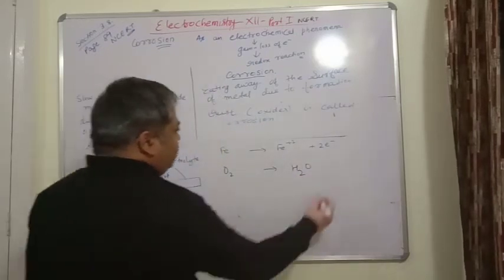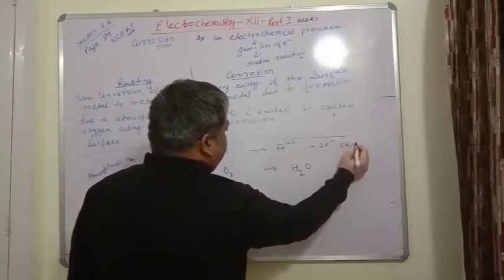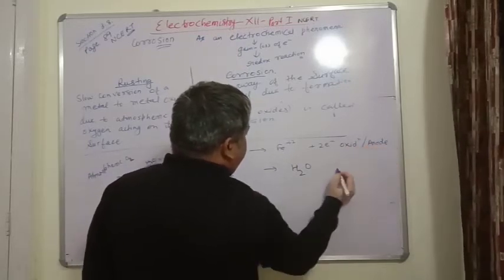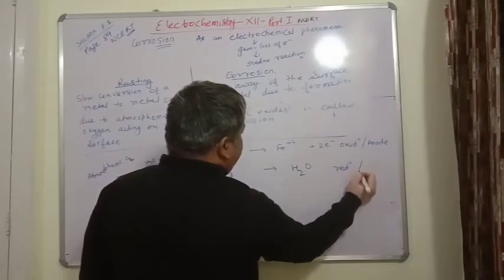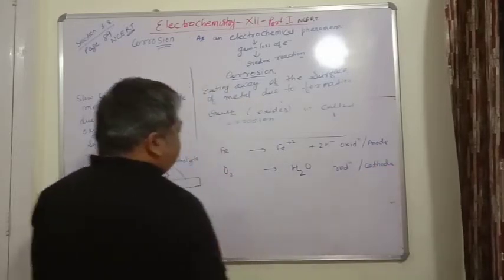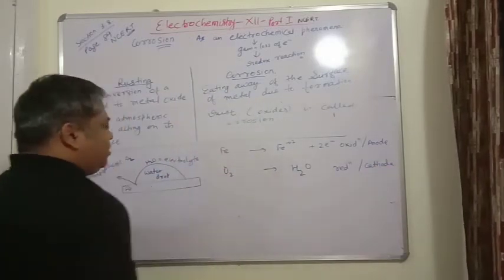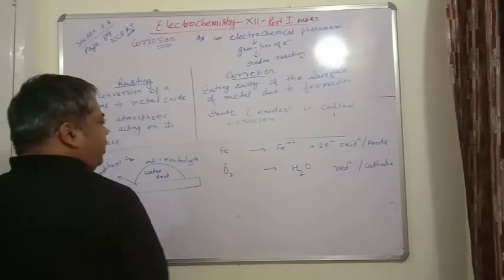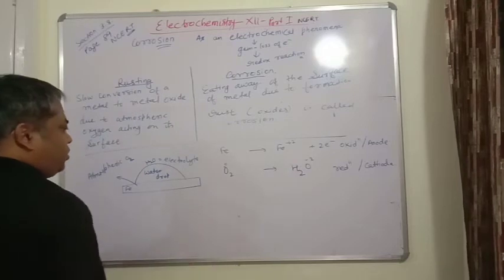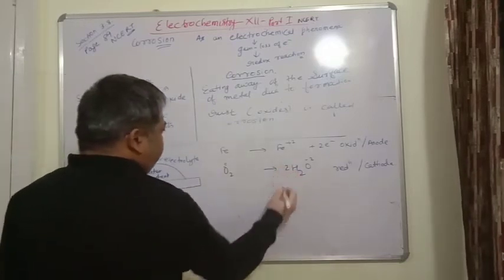So this is oxidation, and oxidation takes place at the anode, and this is reduction, and reduction takes place at the cathode. See, addition of hydrogen is taking place, so this is reduction. This is 0 and this is -2, but there are 2 oxygen atoms, so we'll give 2 over here.